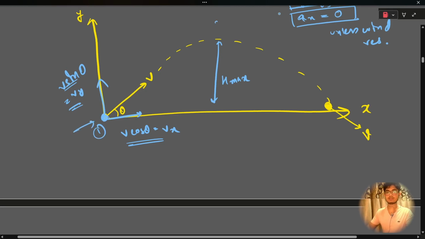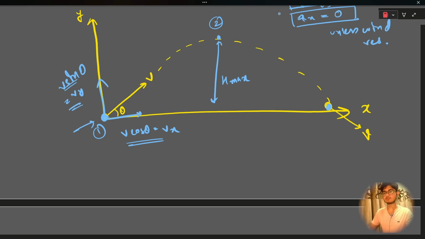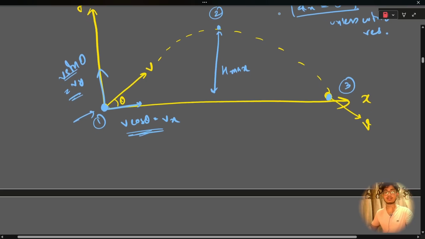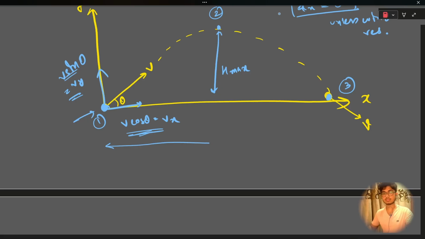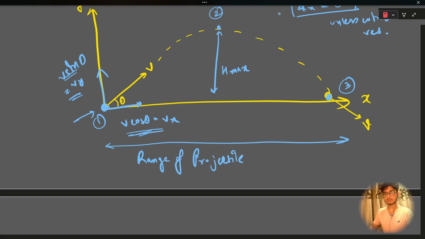Suppose this point is 1, the topmost point is 2, and the point where the ball lands is 3. We just name the points. The displacement between 1 and 3, between the initial point and the final point, is called the range of the projectile, represented by R.